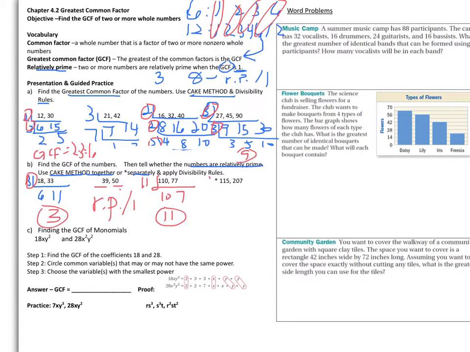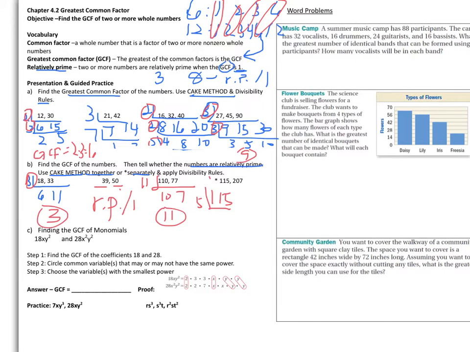And look at 115 and 207. It doesn't seem like I could determine a small common factor between these two numbers other than 1. So I'm going to do this separately. Hopefully I'll find something.